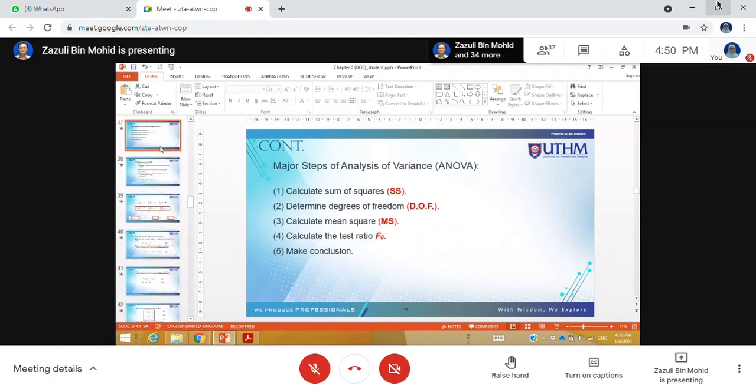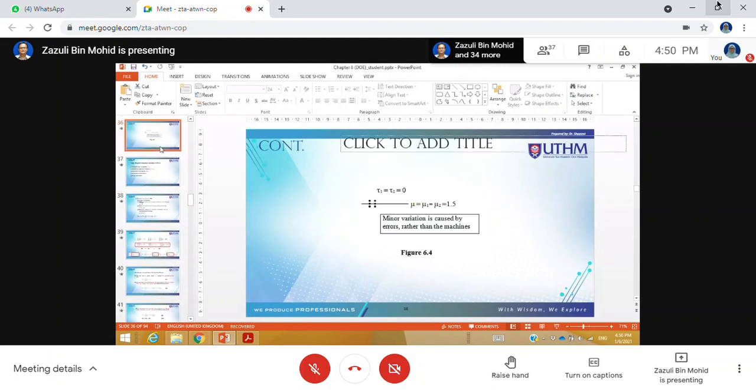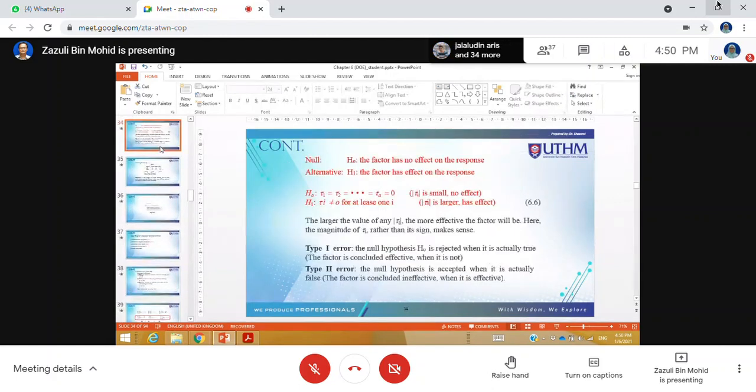So you can use this method. You can calculate the tau, you can calculate the F.